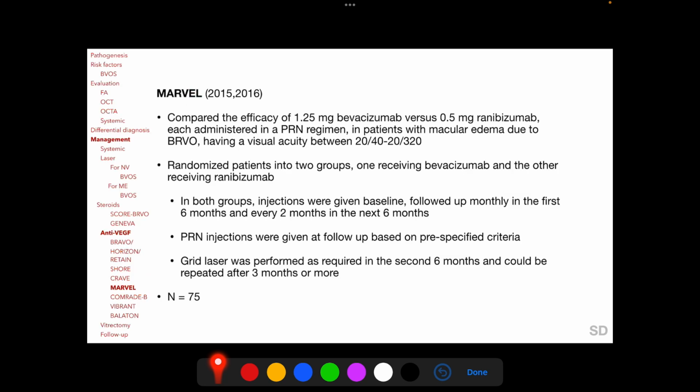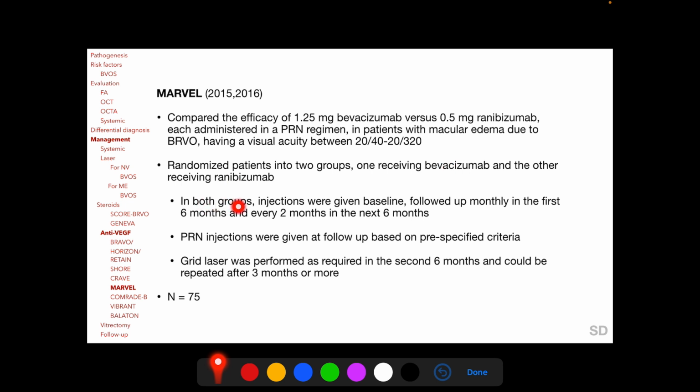The MARVEL trial compared the efficacy of 1.25 mg bevacizumab versus 0.5 mg ranibizumab, each administered in a PRN regimen in patients with macular edema due to BRVO and having a visual acuity between 20/40 and 20/320. And this trial randomized 75 patients into two groups, one receiving bevacizumab and the other receiving ranibizumab.